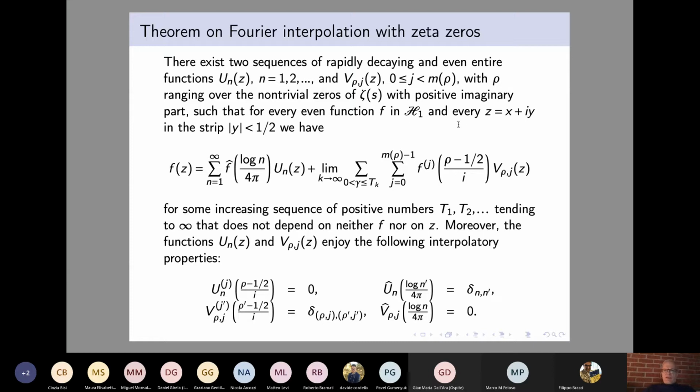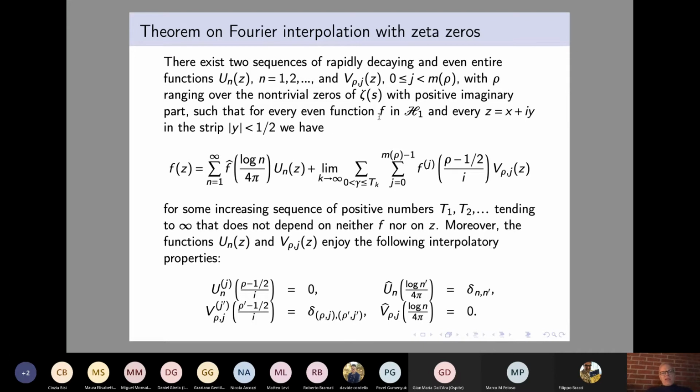And I consider values of this function inside of what corresponds to the critical strip. Again, I repeat that because I want to look at it as a Fourier duality, I send the critical line to the real line. But I think of it all the time as the critical strip.